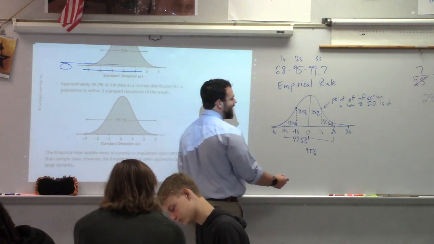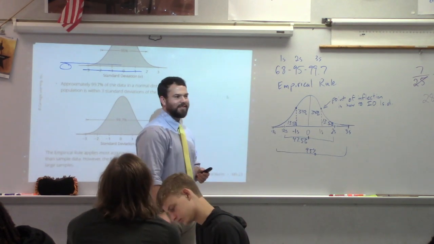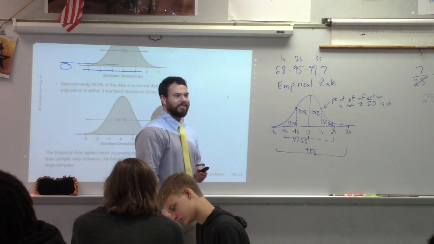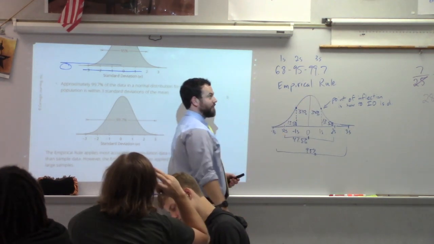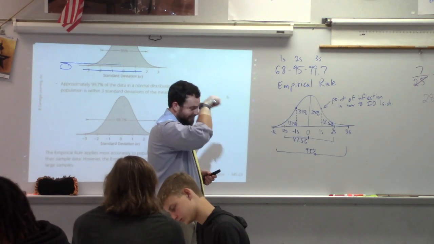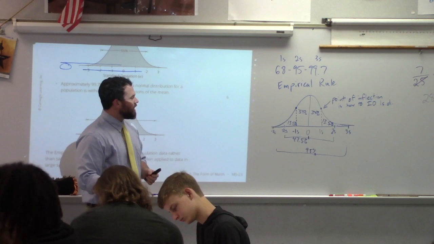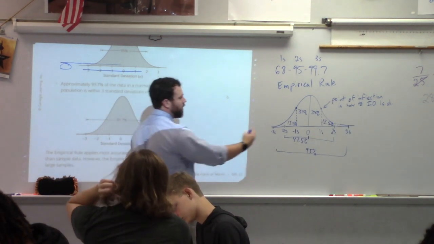Don't worry about it. Okay, so then what's between -3 and 3? 99.7. I didn't see that. Pay attention. So 99.7%. But I'm just going to focus on half of it for now, the lower half.